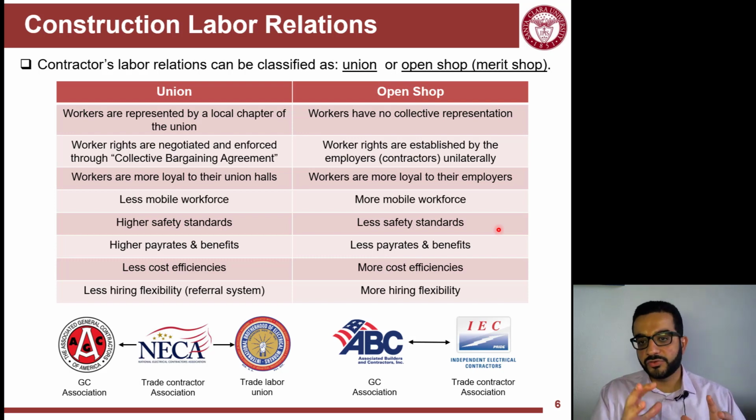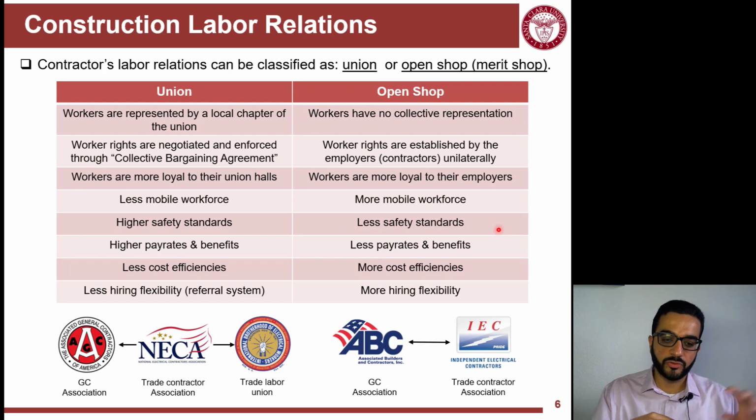NECA has a signatory collective bargaining agreement with IBEW, the International Brotherhood of Electrical Workers. So AGC commits to work with union workers through their union subcontractors. Not open shop or merit shop contractors, which are represented by ABC, mostly in the US.